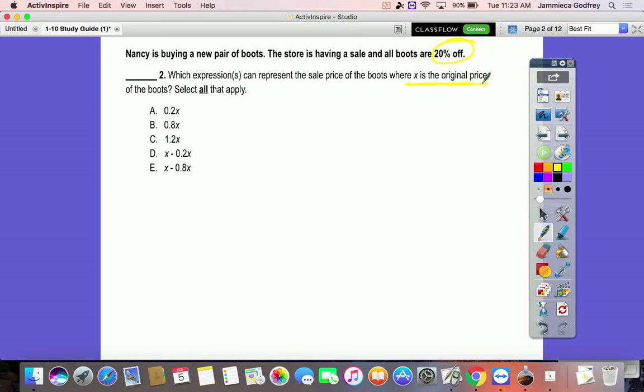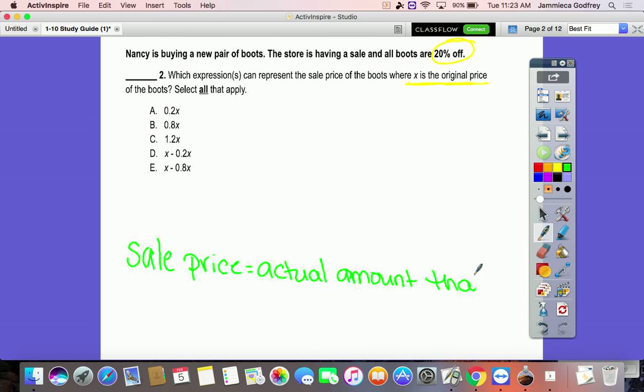Now the sales price is how much did you spend on these boots? So sales price. So this is the actual amount that you paid for the boots.